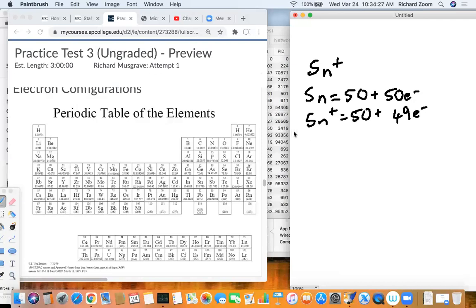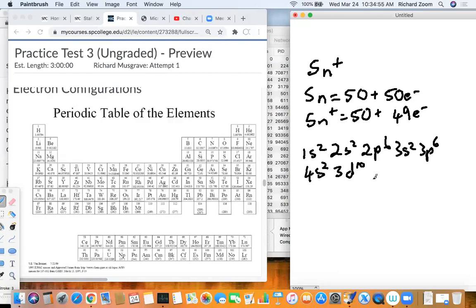Okay, so we do the electron configuration, 1s2, 2s2, 2p6, 3s2, 3p6. That brings us down to argon, 4s2, and this is now the d block. There's 10 here, so 3d10.